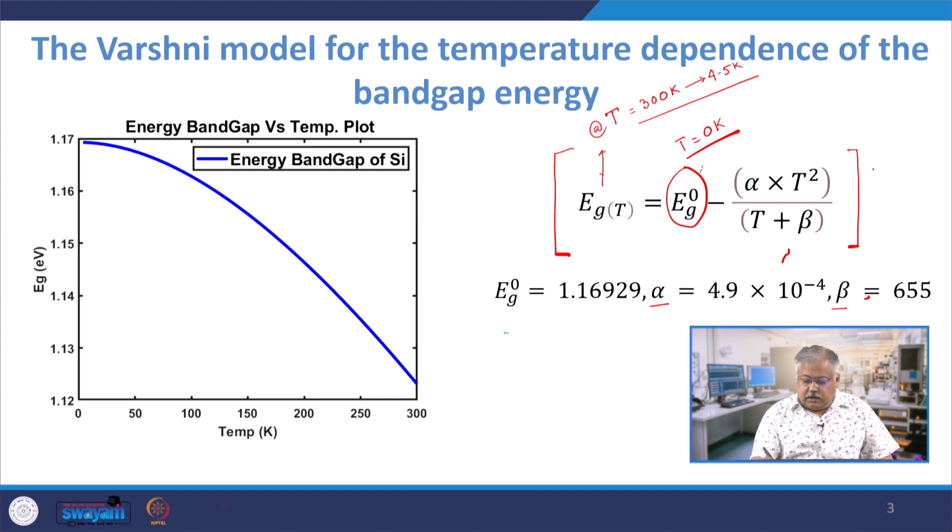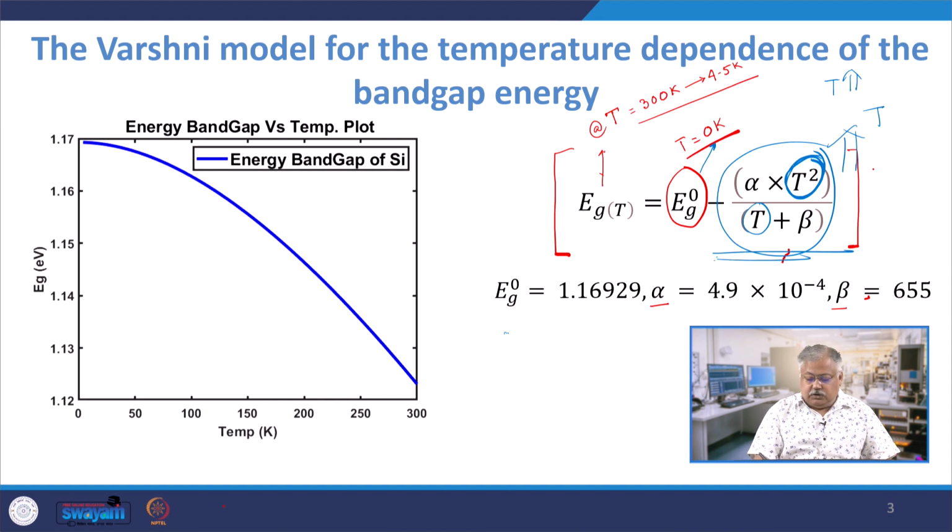It also depends inversely on the value of T. As the value of temperature goes on increasing, since it is a T square term at the numerator, this quantity starts to grow with respect to temperature, and since it is subtracted from EG0, you see a dip in the value of EGT, and that is shown here in this graph.